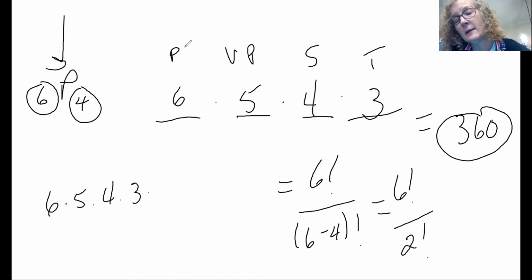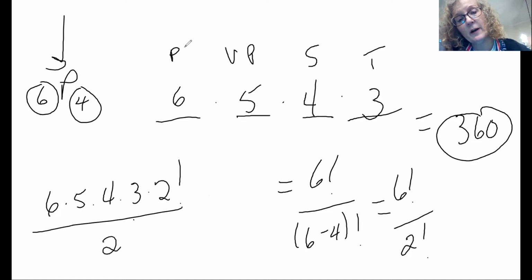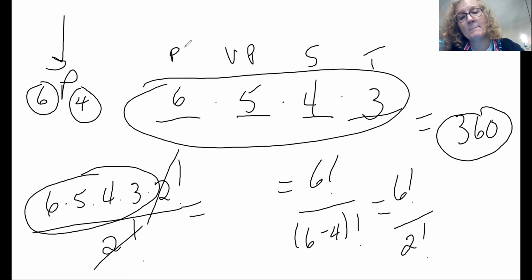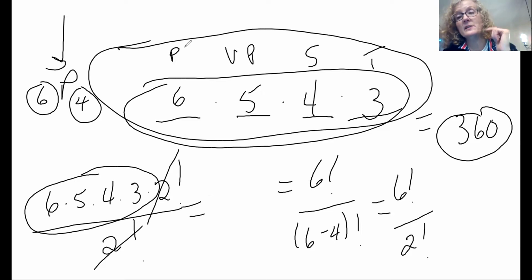Now I can write times 2 times 1, or I can write times 2 factorial because I have a 2 factorial in the denominator. Those would factor out, and look what I've got left. I got the same thing as I've got here. Folks, I'm just going to tell you personally, when I do a permutation, I do it like this. I don't worry about the formula. If the order matters, you don't have to worry about the formula.